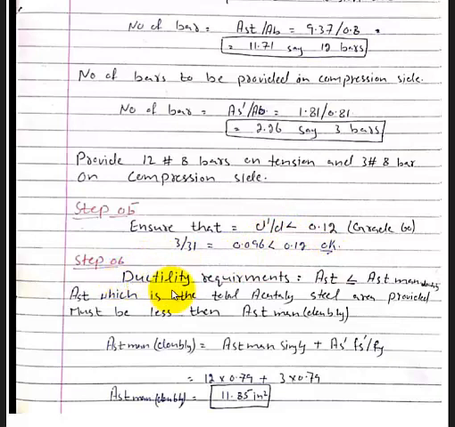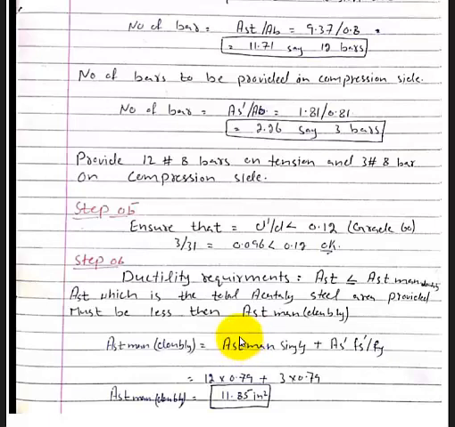Now step number 6, the ductility requirement. AST, the area of steel, should be less than or equal to the area of steel maximum. Now AST, which is the total actual steel area provided, must be less than AST maximum doubly. Clear? The area which is provided must be greater than the area which we found.